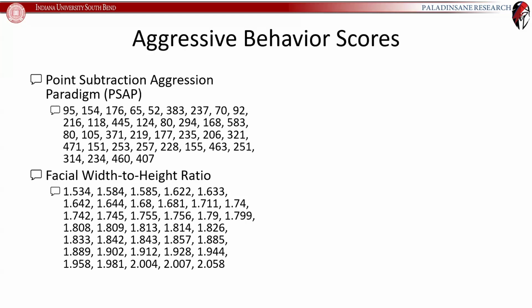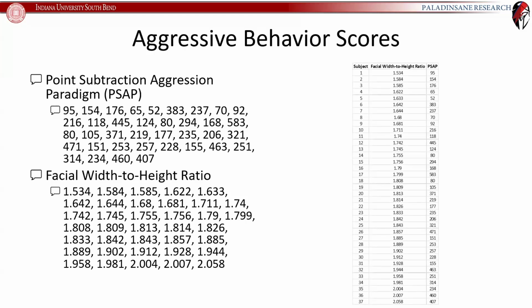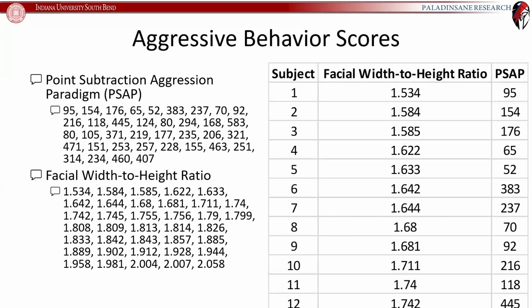So when I put these scores into an Excel table, for example, and I'll zoom in on that Excel table, that score of 95 on the point subtraction aggression paradigm, that aggressive behavior score of 95, goes with this facial width to height ratio of about 1.5, and that's because they are from the same subject.